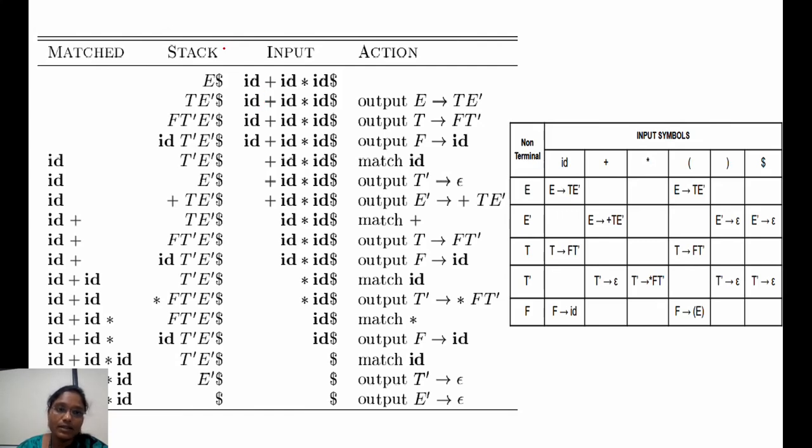As we have seen in the model driven predictive parser structure, we should have the stack, and then we have the input string that should be ended with the dollar symbol, and the bottom of the stack should be dollar symbol. So we have the bottom of the stack as dollar symbol, and then initially we should have the starting symbol of the grammar as the top of the stack.